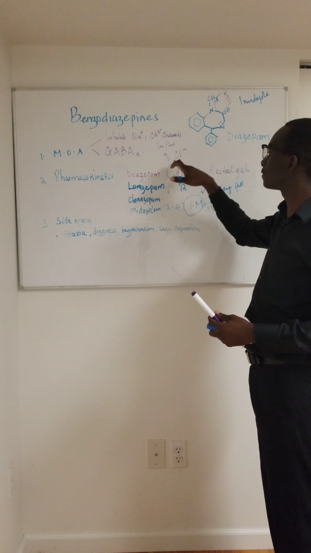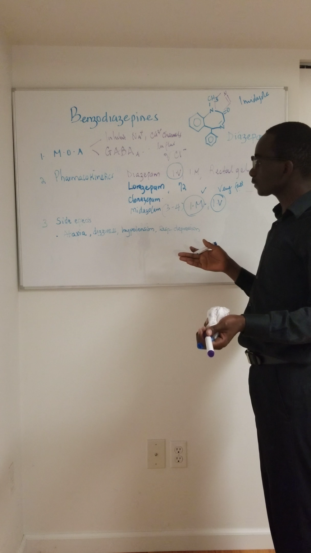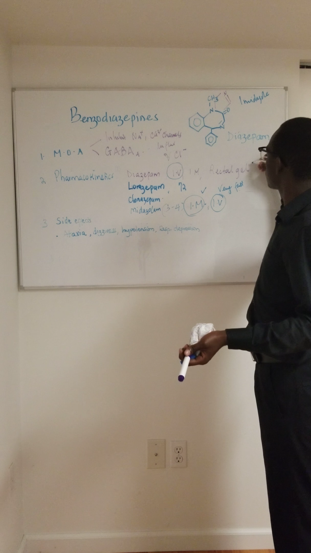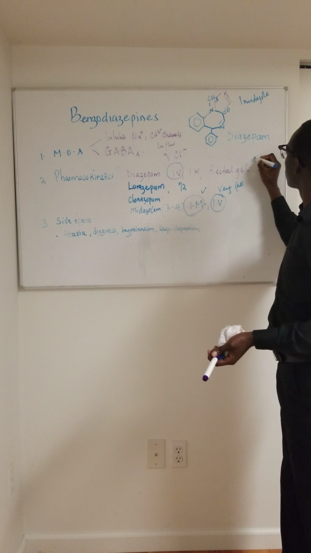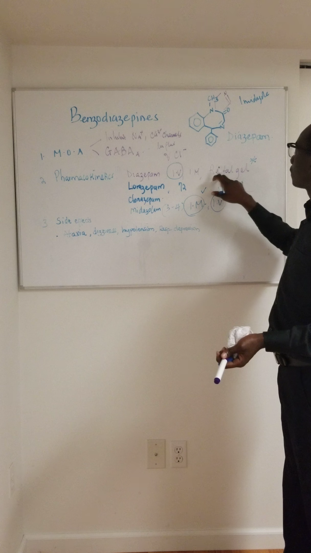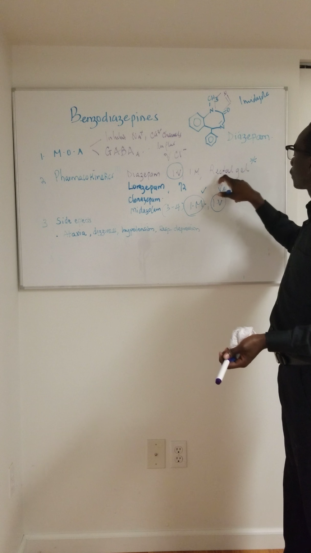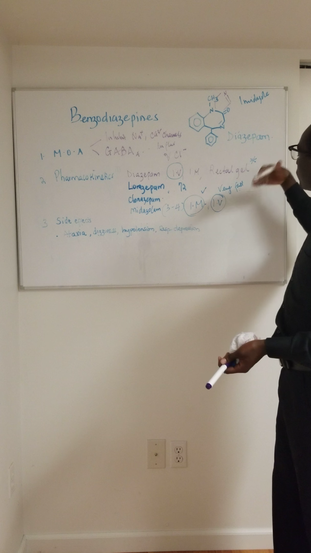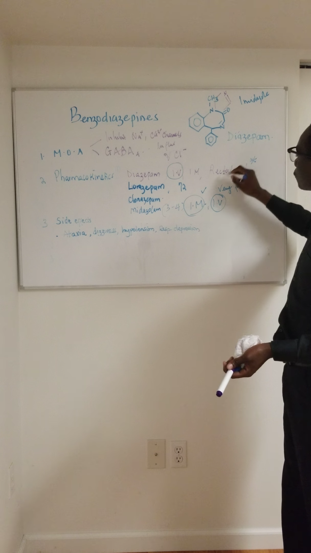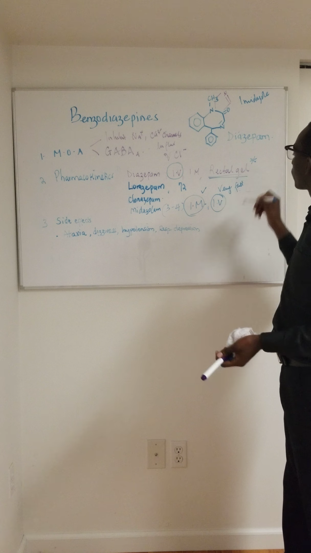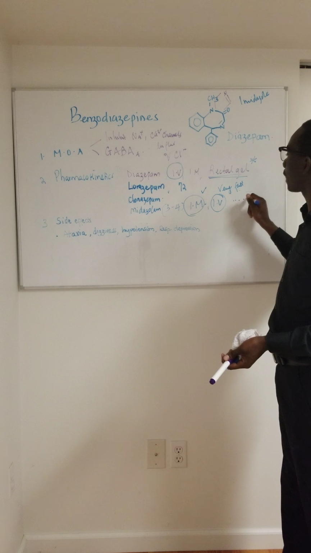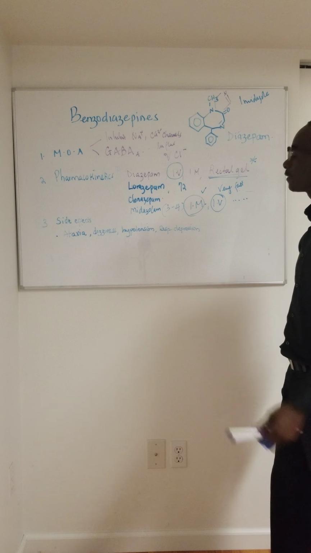IV is good for status epilepticus and these repetitive seizures. Sometimes they resist the use of rectal gel, so we see more repetitive seizures when we give this rectal gel, whereas midazolam IM and IV are more efficacious than the diazepam.